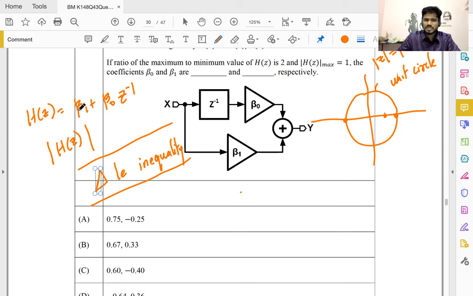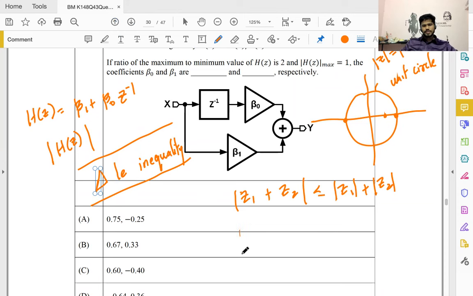It's not easy to split the real and imaginary parts, so we have to deal with it as a complex number. The modulus of Z1 plus Z2 is less than or equal to the sum of the individual moduli.